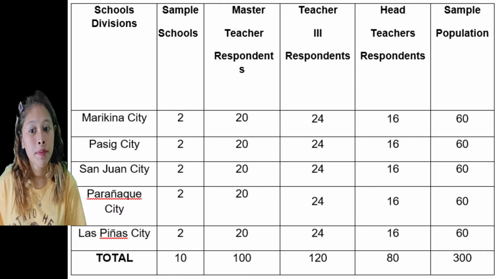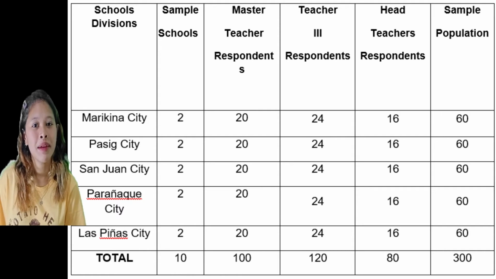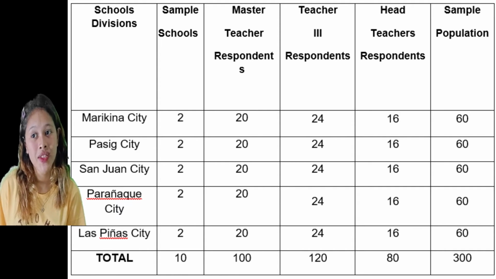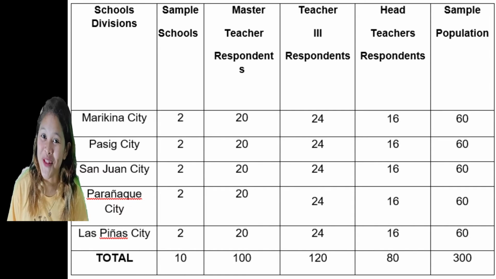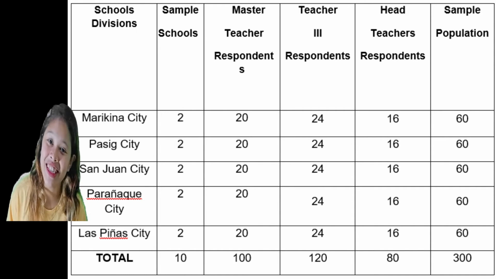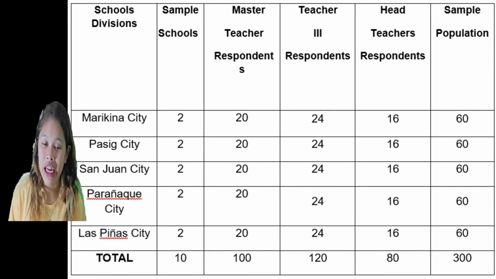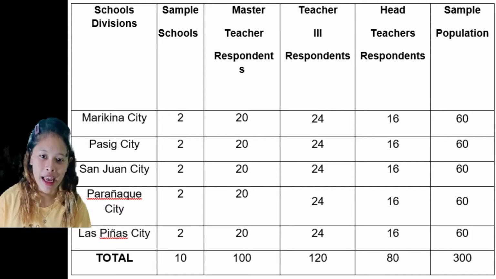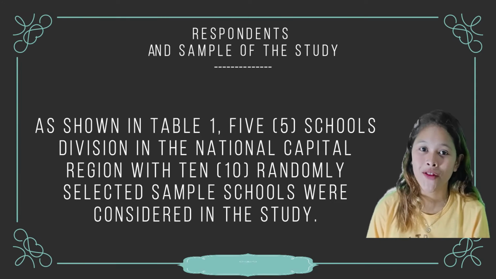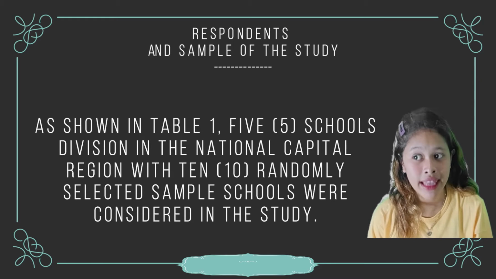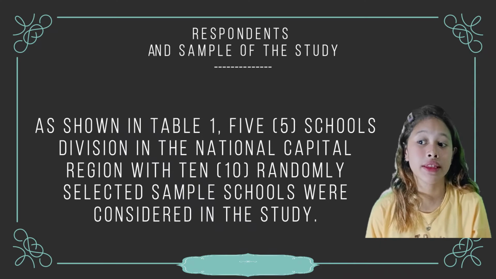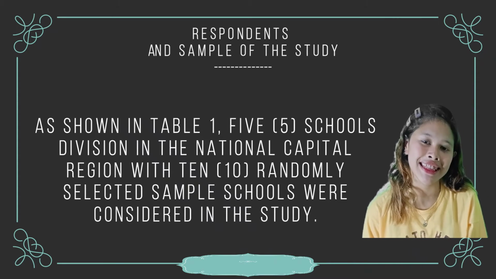How about Las Piñas City? Sample schools 2, master teacher respondents 20, Teacher 3 respondents 24, head teacher respondents 16, and the sample population 60. As shown in Table 1, 5 school divisions in the National Capital Region with 10 randomly selected sample schools were considered in the study.